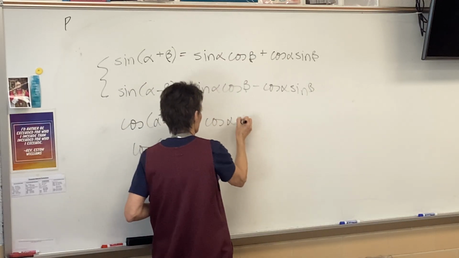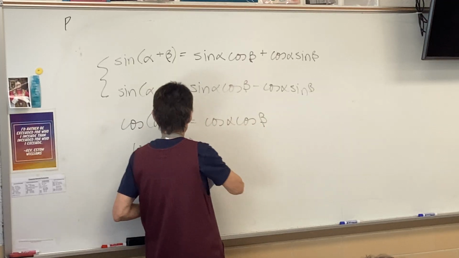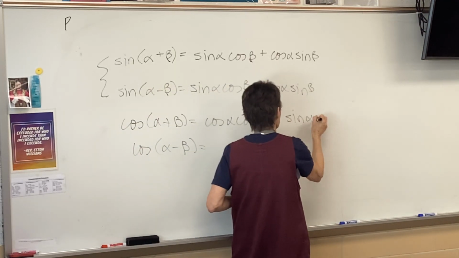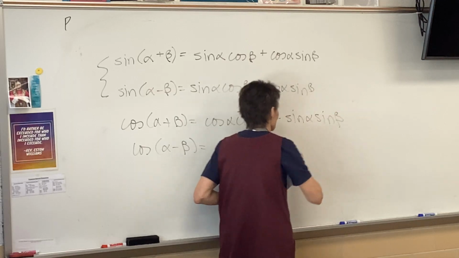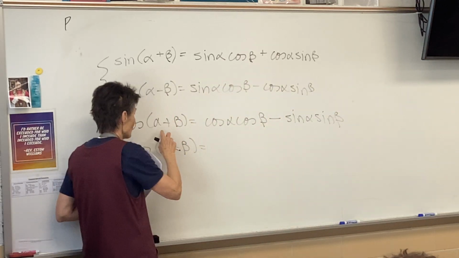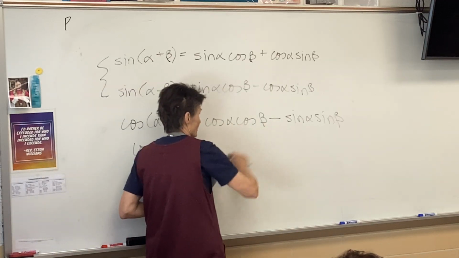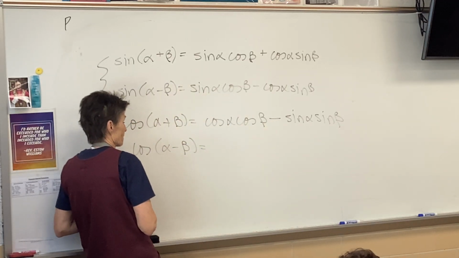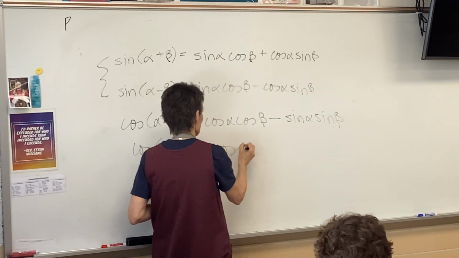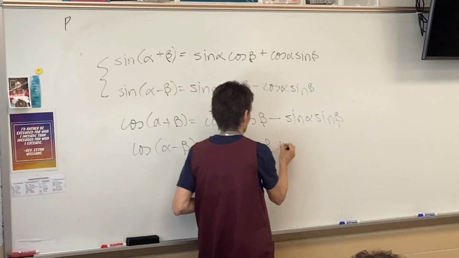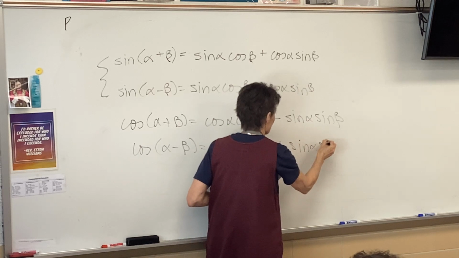Cosine of the first, cosine of the second, minus sine of the first, sine of the second. So in other words, if the angles are being added, the formula is a subtract. Cosine of the first, cosine of the second, plus sine of the first, sine of the second.